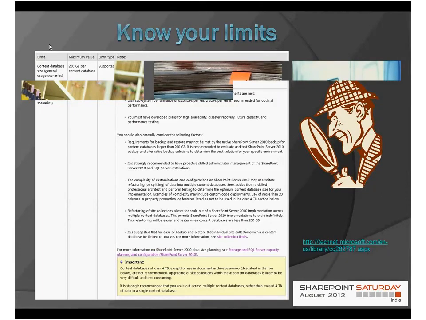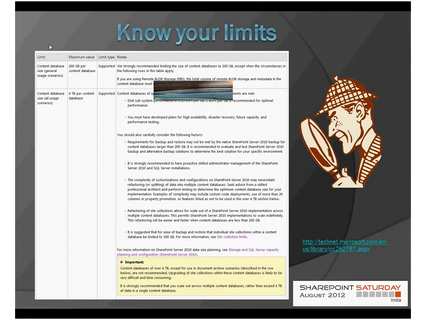However, Microsoft has clearly stated that the total volume of the content database includes the blob storage plus the metadata in the content database. So that's something to keep in mind while implementing RBS.